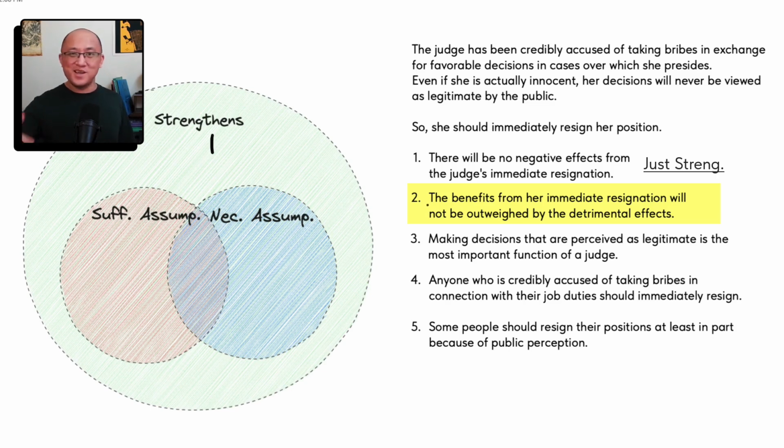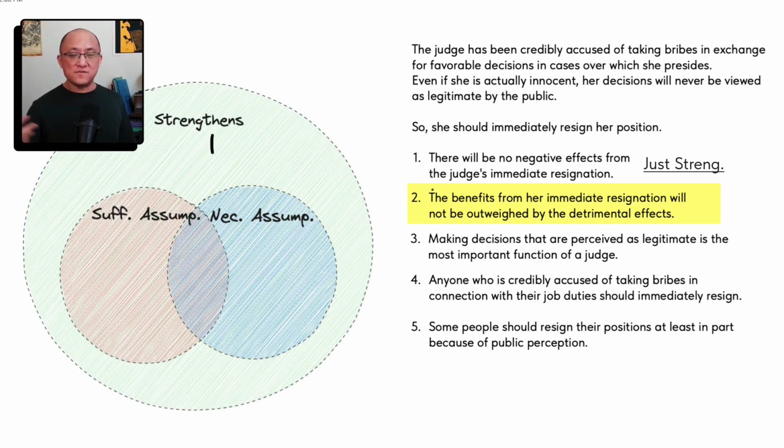Like I was saying earlier, maybe there's delays in cases. I don't know, maybe there were other important functions that she had as a judge that you'll lose and won't be able to find a good replacement for when she resigns. So number 2 is helping the argument by getting rid of the negative factors outweighing the benefit. And this is also why number 2 is necessary.